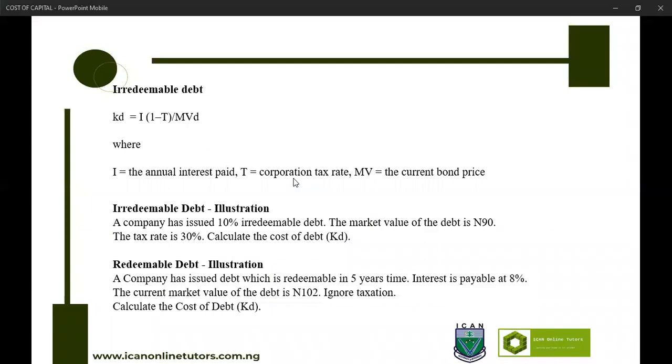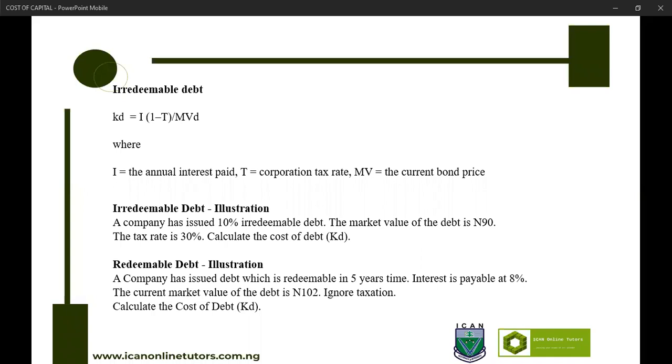Now we move on to redeemable debt. When we are calculating the cost of redeemable debt, it is also the same thing as your internal rate of return, IRR. In determining your cost of redeemable debt, what we are looking at is the internal rate of return.